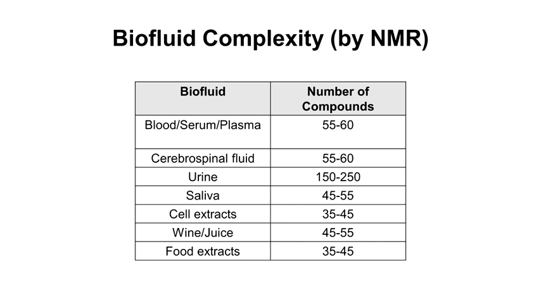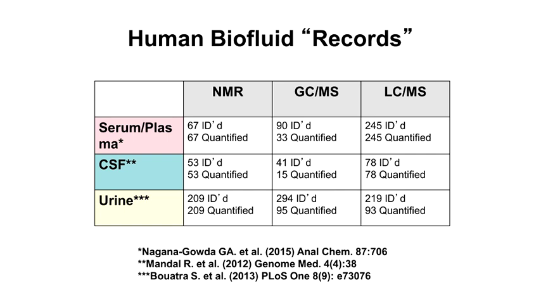When you compare NMR against other technologies, it does okay, at least when you think about both identification and quantification. So serum NMR doesn't do as well as the LCMS, but LCMS has mostly lipids, and NMR isn't very good at measuring lipid components, at least at the level that LCMS can do. In cerebrospinal fluid, it's about comparable between the three methods.